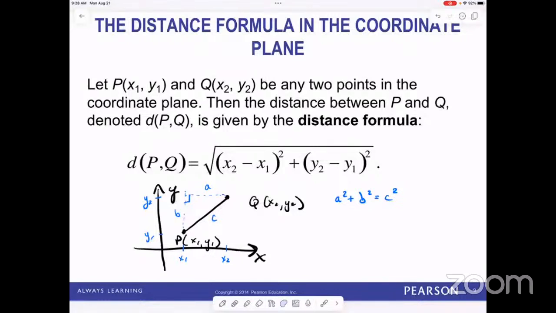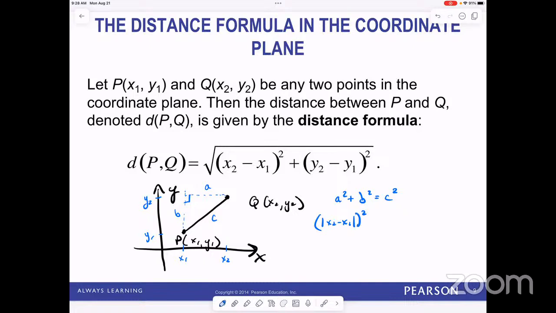Well, A is the distance between X1 and X2. We can capture that distance as the absolute value of X2 minus X1. A is going to be that absolute value, and we're going to square that from the Pythagorean theorem.